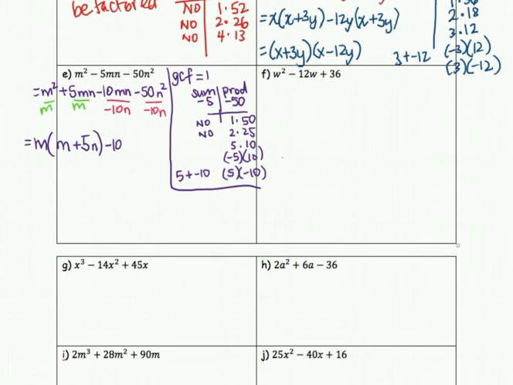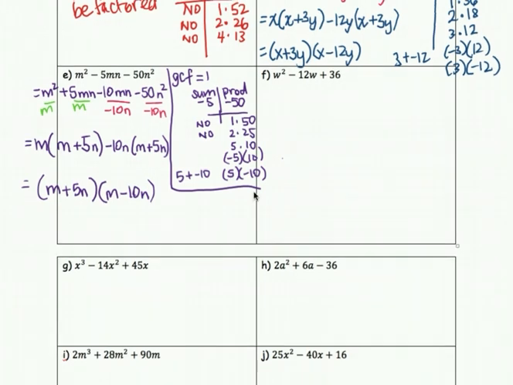Then the negative 10n comes out, and then m plus 5n. We're looking good, we got the same factor. Take the same factor out. They both have m plus 5n in common, and that leaves the m and the negative 10n left. And you've got your factored answer.